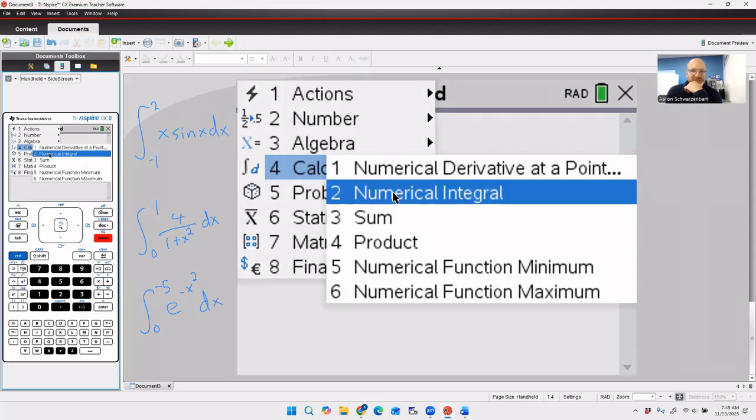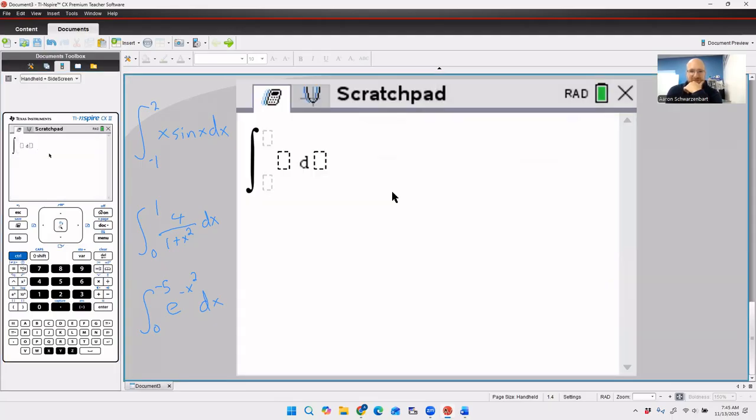So I go menu, calculus, numerical integral, and I just type it in. This is a trig function, so I need to do x times sine x dx.